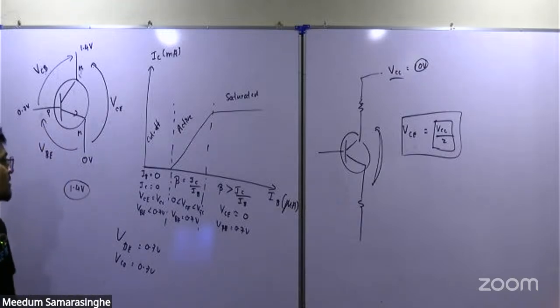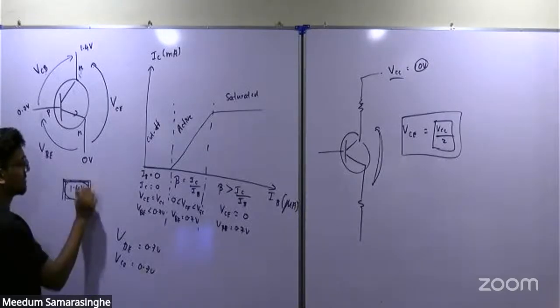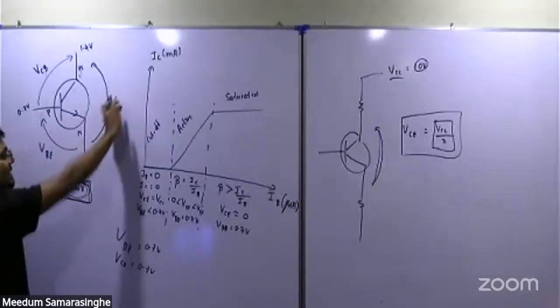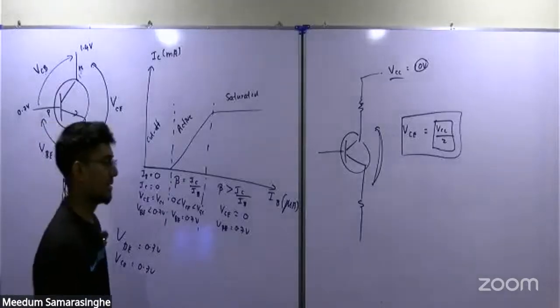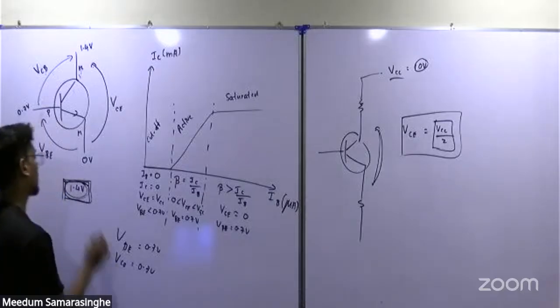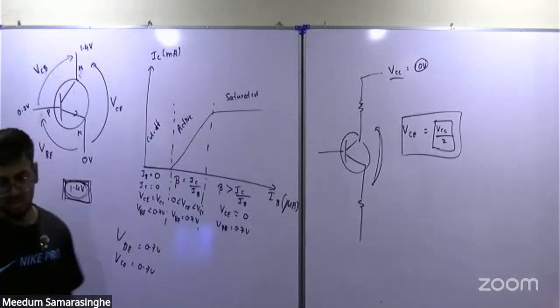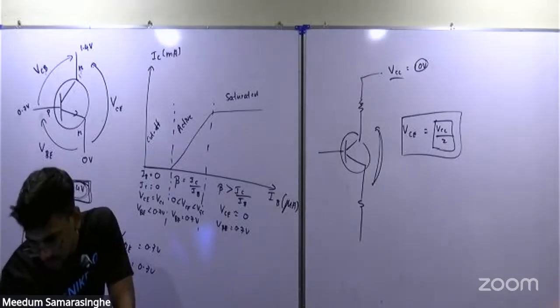Usually we do not bias the transistor to a low voltage like this. VCE of 1.4 volts is somewhat near to zero, right? So the fourth one is the most suitable answer. Okay, next question.